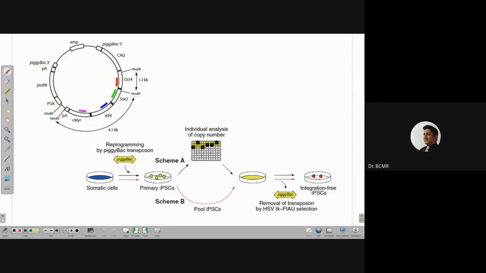I will just go through the rough sketch, and tomorrow in the next class I will repeat from the previous slide. Okay, so they have generated a huge vector, and you can see that from Hind3 to Hind3 is the fragment they have constructed: OCT4, SOX2, KLF4, and CMYC.